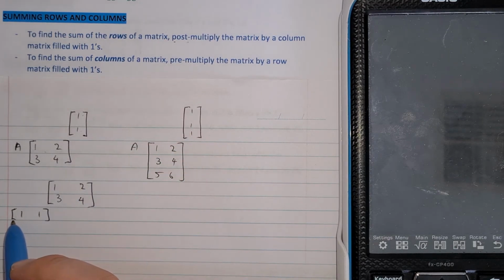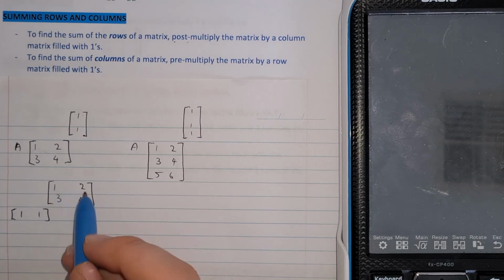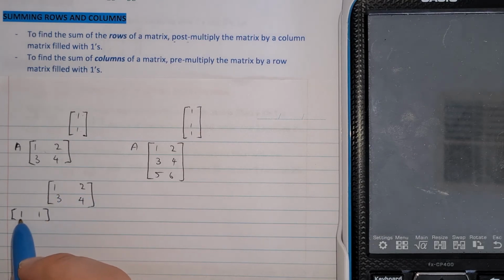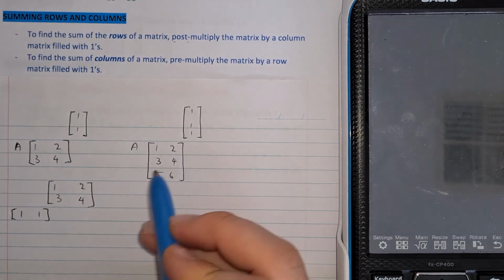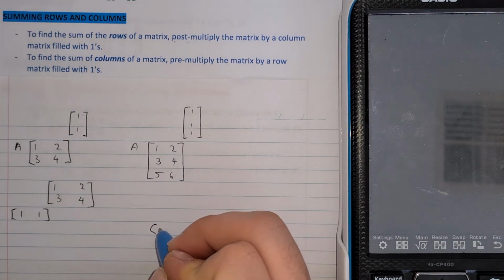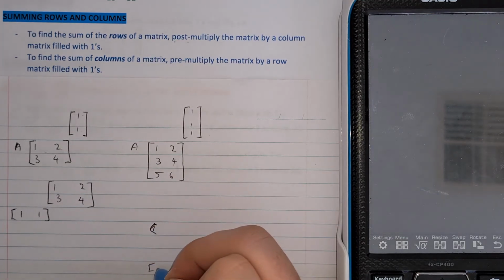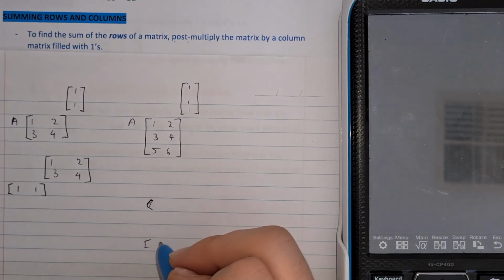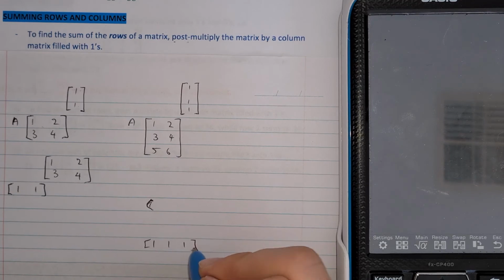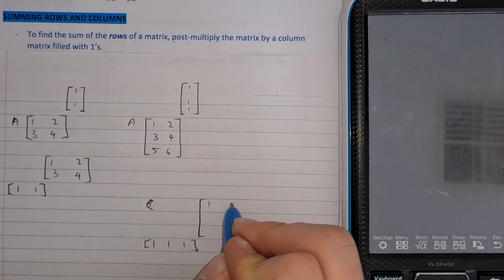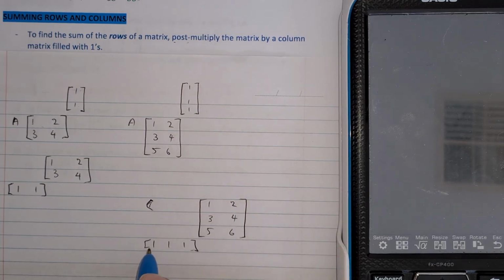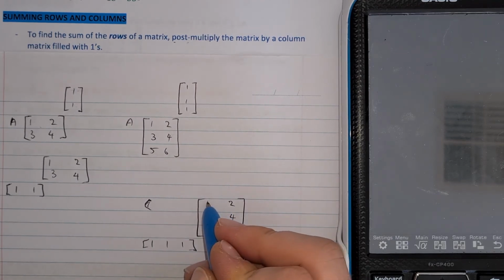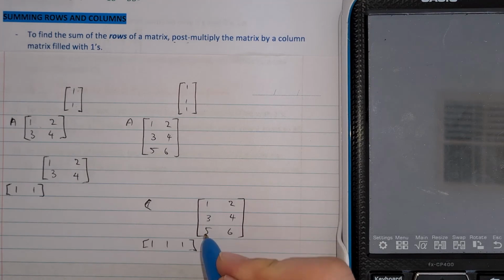You're pre-multiplying matrix A by a row matrix filled with ones. If it had been this one, you would need 3 ones to match up with the 3 rows of A here.